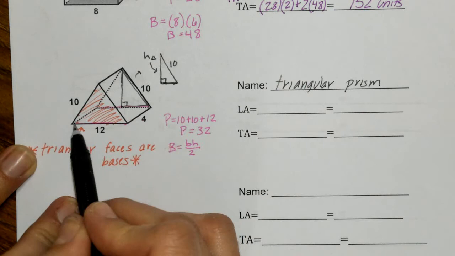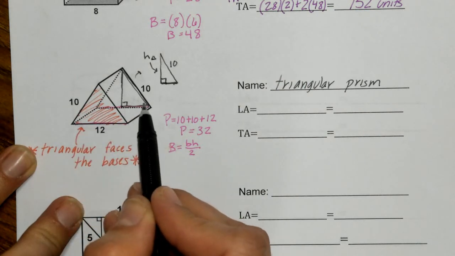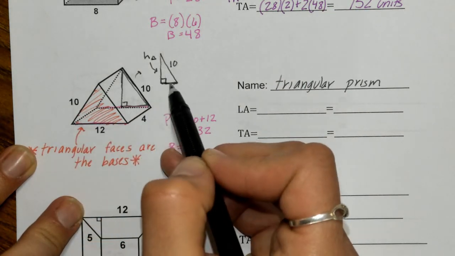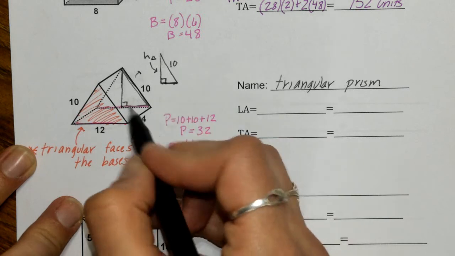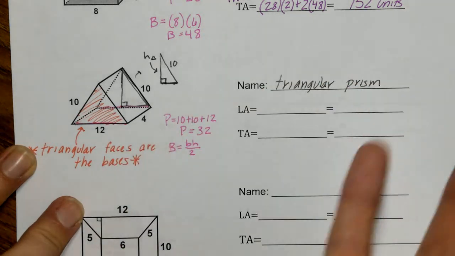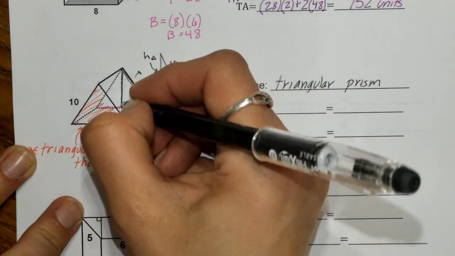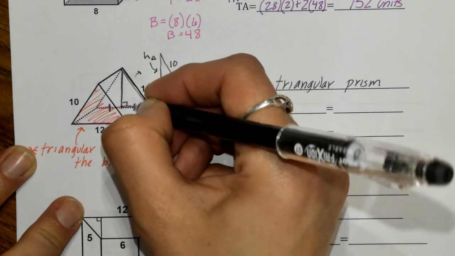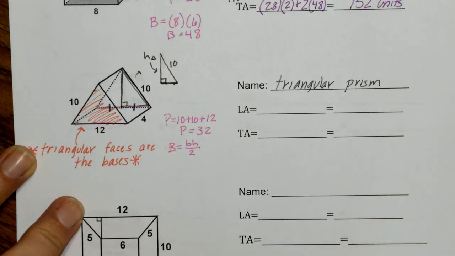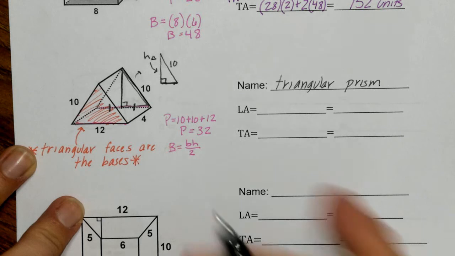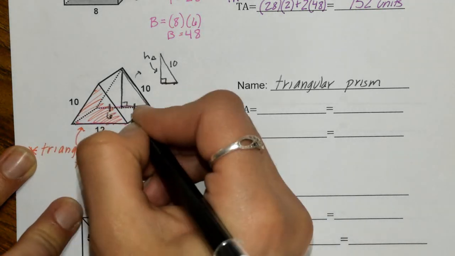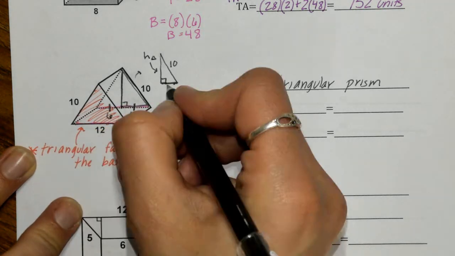We know the base here is 12, but this leg is not 12. This is an isosceles triangle. What this altitude does is cut that base of the big triangle in half, giving this 6 and 6. So this leg right here will be 6.